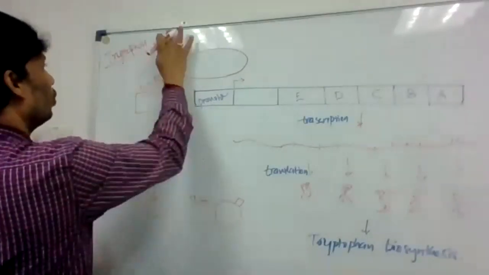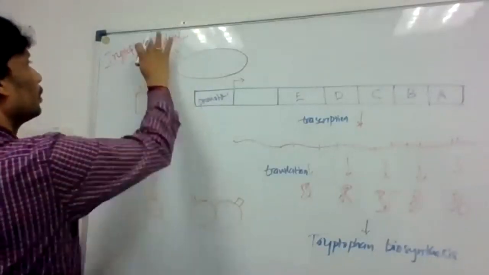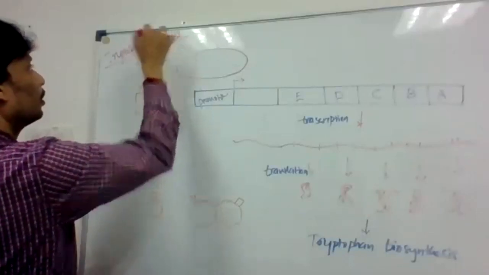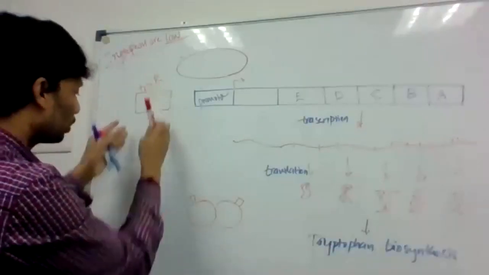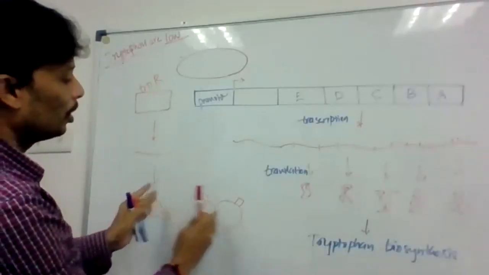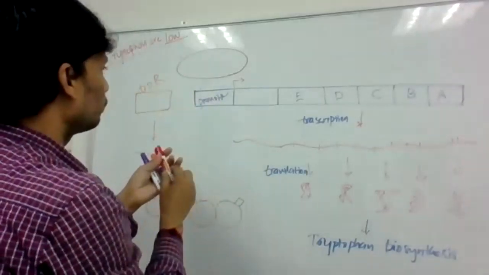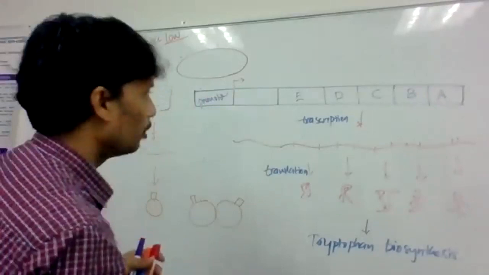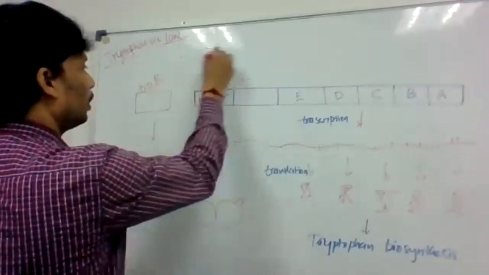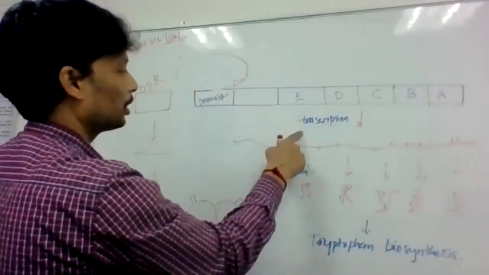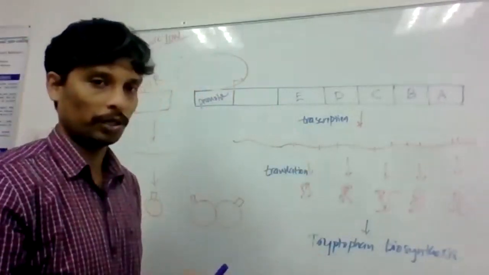So when tryptophan is low, what happens? The repressor molecules are synthesized and produce a dimer. This dimer cannot bind. RNA polymerase will bind to the promoter region, and there will be transcription and translation, tryptophan biosynthesis, producing a lot of tryptophan molecules.